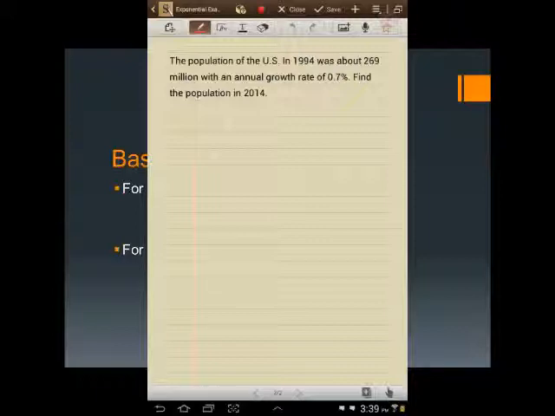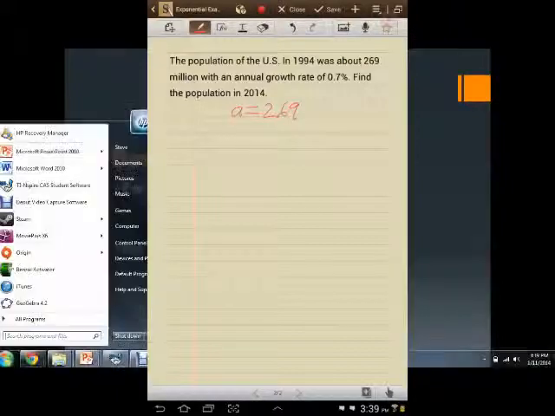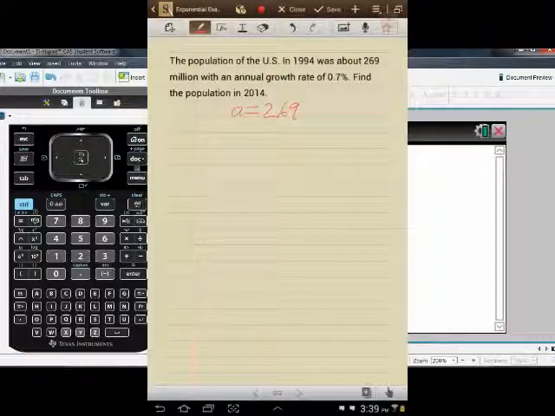We want to find the population this year. Okay. Well, our initial value is 269. I know it says 269 million, but just to make the numbers a little easier to deal with, we're going to keep it as 269, and we just have to remember at the end that's in millions.